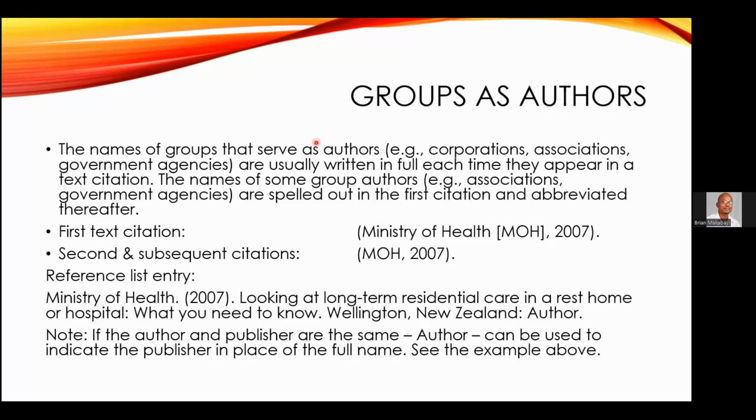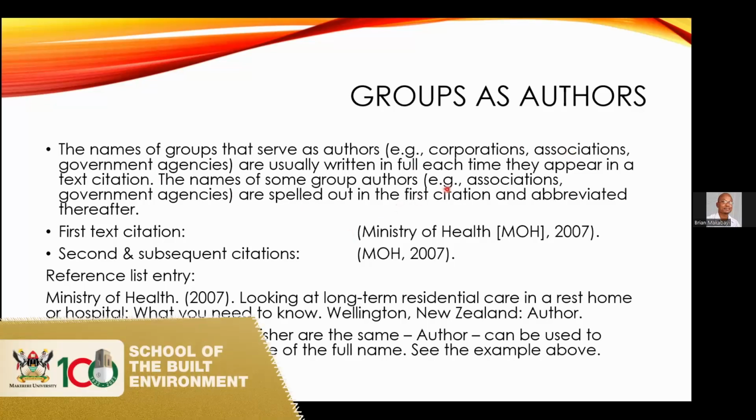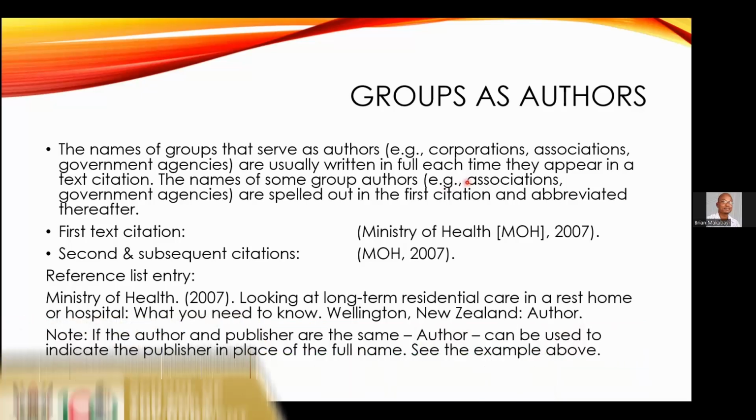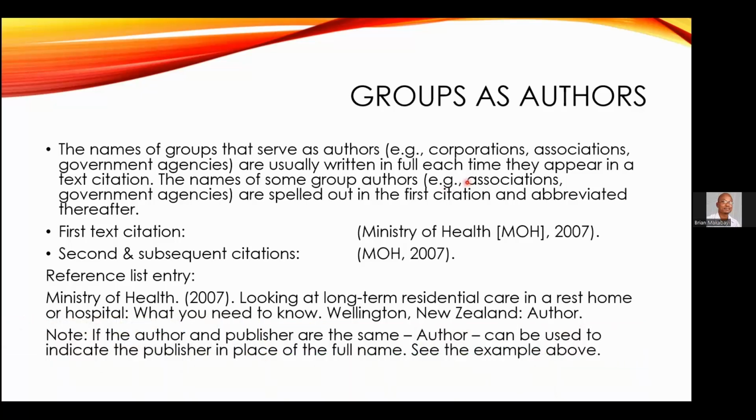Okay, so how also do you reference this? The names of groups that serve as authors, e.g. corporations, associations, government agencies, are usually written in full the first time they appear in a text citation, and then abbreviated thereafter.